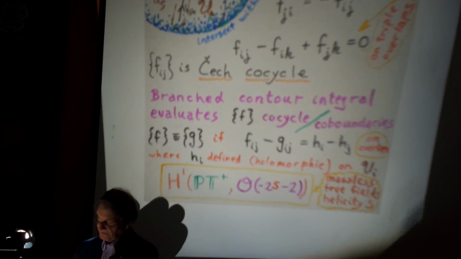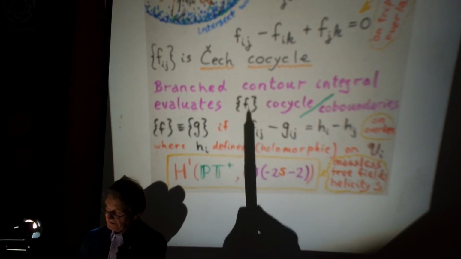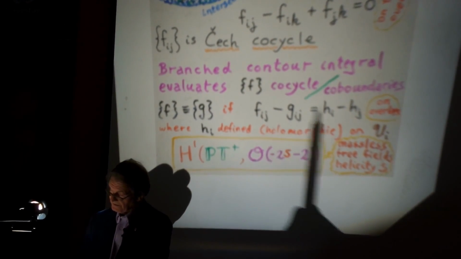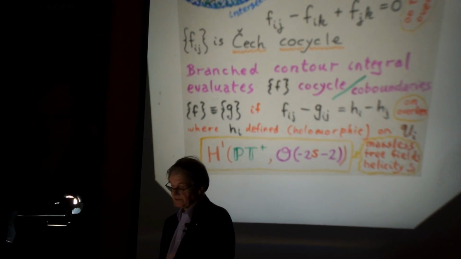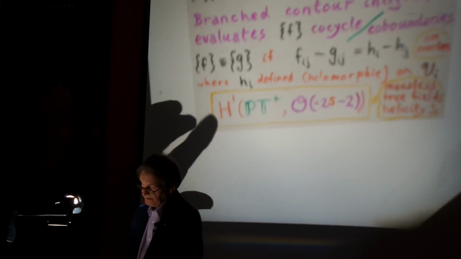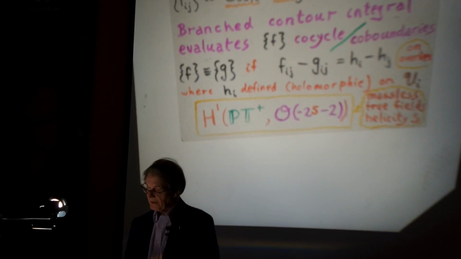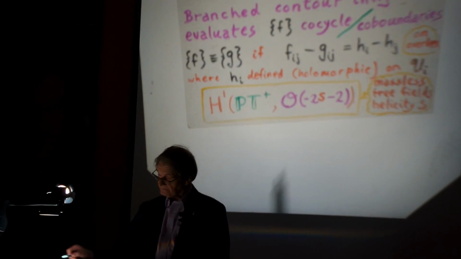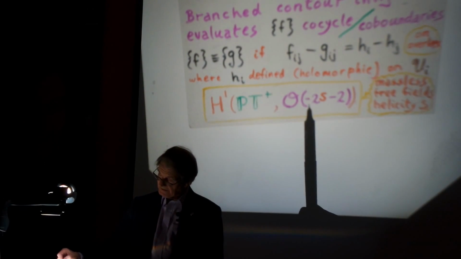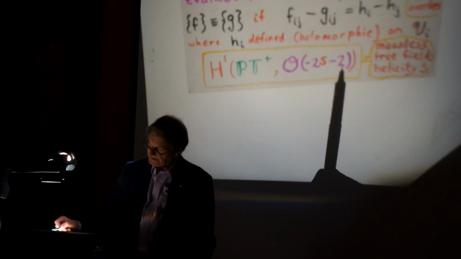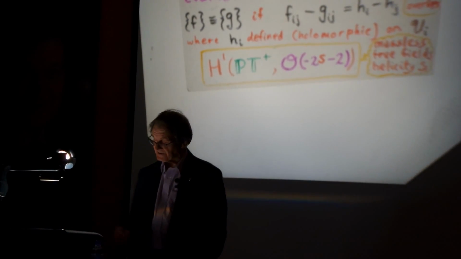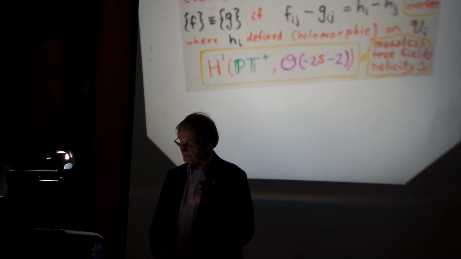And so you factor out by all these things. So you take the F's modulo these, and that's your representative of the cohomology, and you end up with an element of first cohomology, this being the homogeneity degree of the function we're talking about, minus 2s minus 2, where s is the helicity of the field you're talking about.